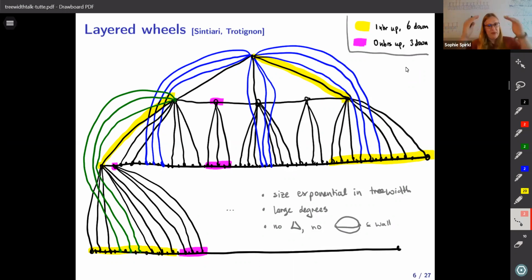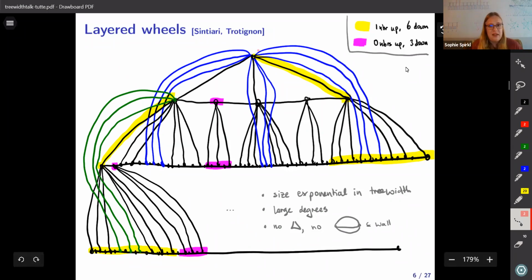Because if you look at the layers, every time you add a layer, you roughly add 1 to tree width. But it's kind of not as bad as the others, because as the graph grows, tree width grows kind of slowly. And somehow one thing I will talk about is how that is a truth about a certain class of graphs.